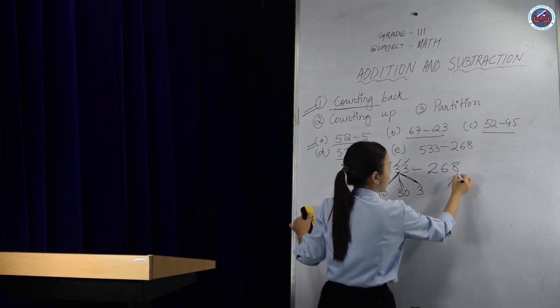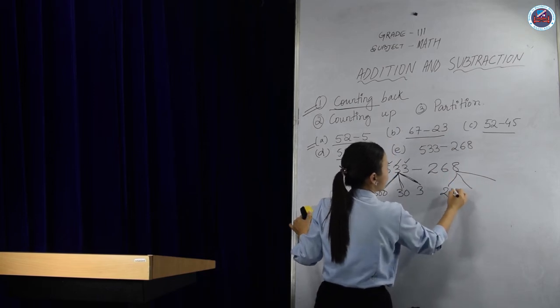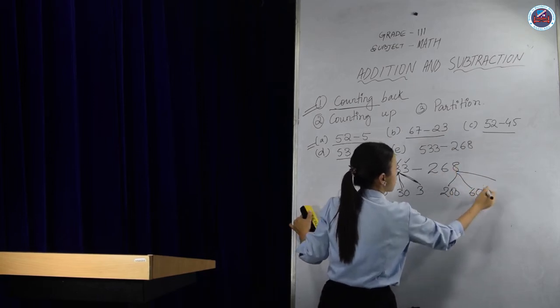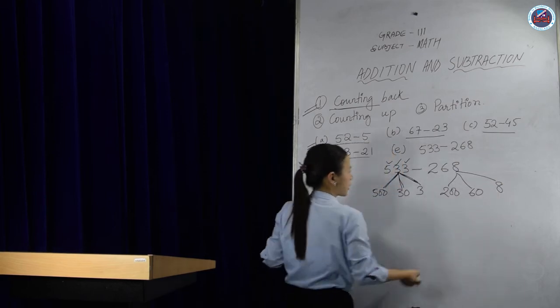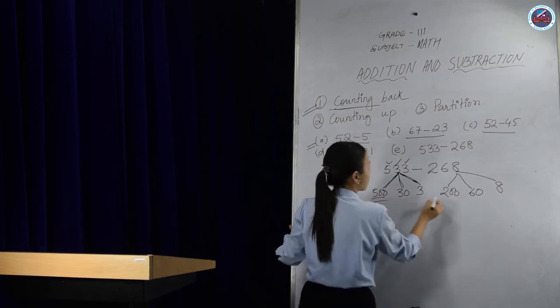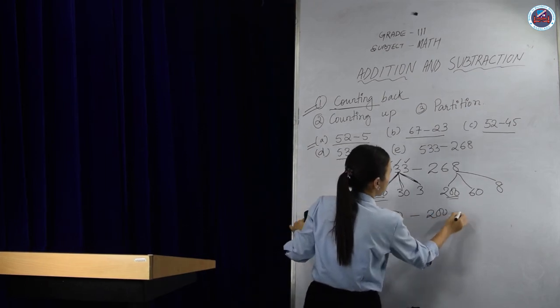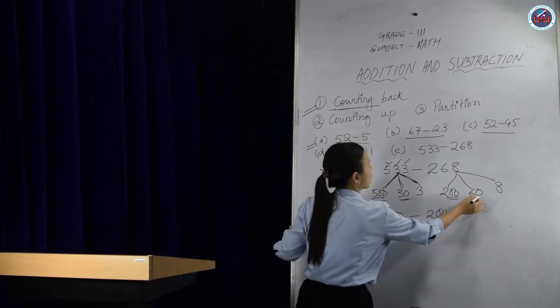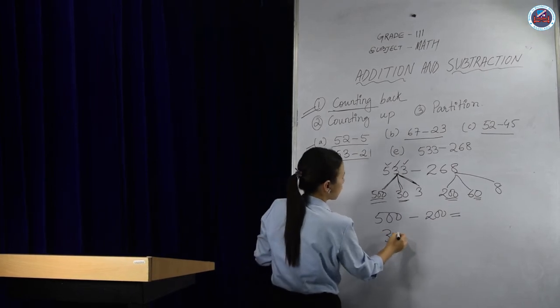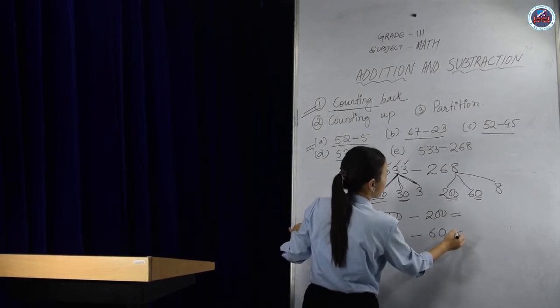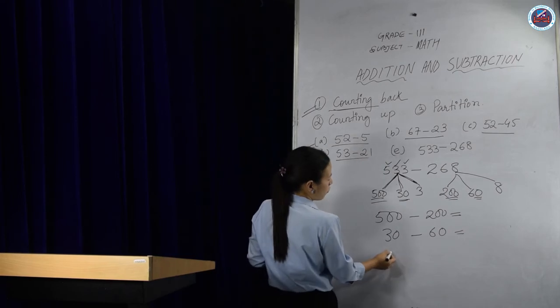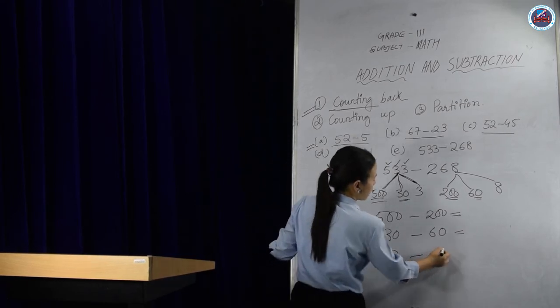And what about this one? 2 in the hundreds, so 200, 6 in the tens, so 60, 8 in the ones, so 8. So let's take the 100s place first. 500 minus 200, then the tens, that is 30 minus 60, and then the ones, that is 3 minus 8.